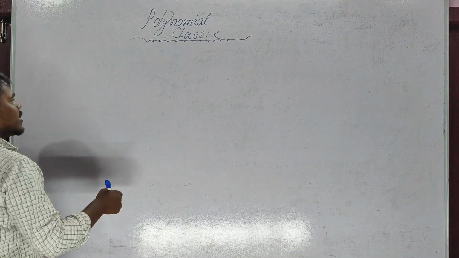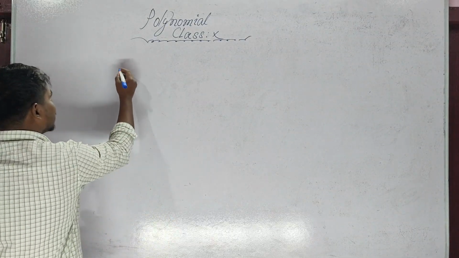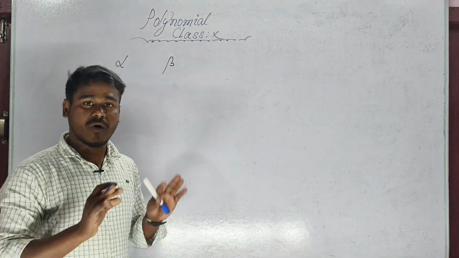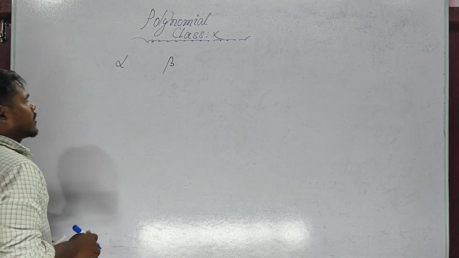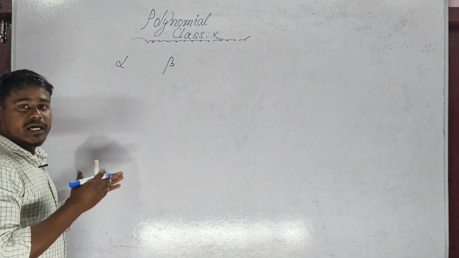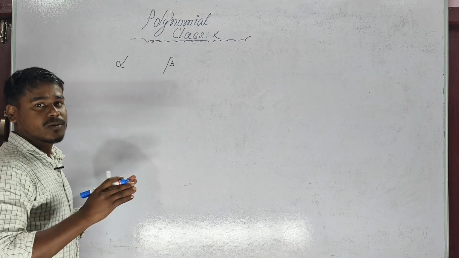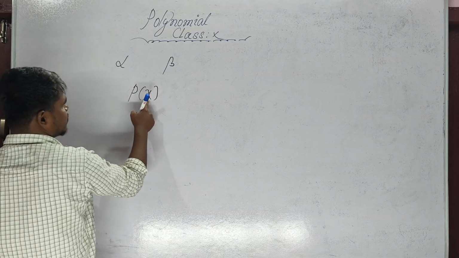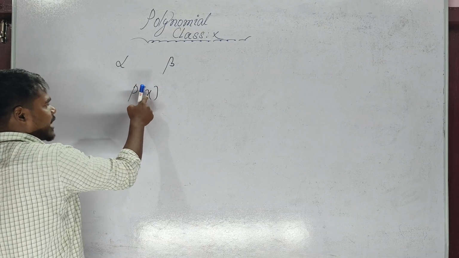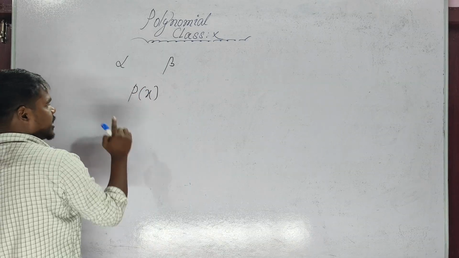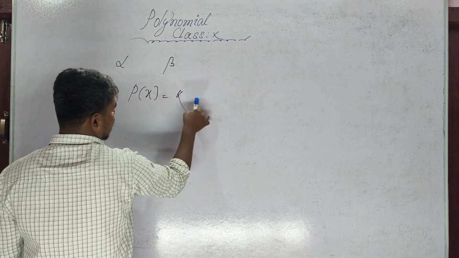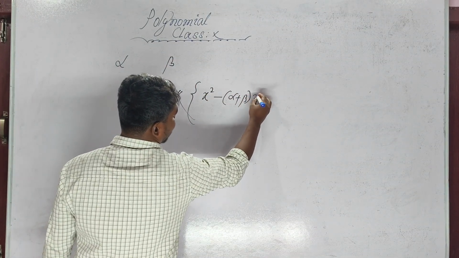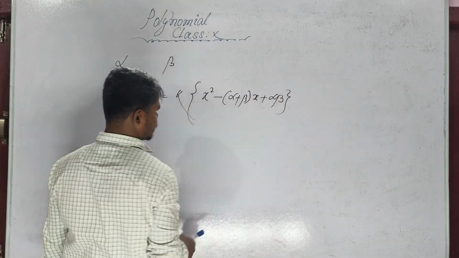Yes. So my dear students, stay tuned with me. If alpha and beta zeros are given, then what is the quadratic polynomial? By using this formula, we can easily calculate the new quadratic polynomial. Right? Now, the formula would be like p of x. p of x means polynomial in x variable, in short denoted by p of x, equal to k into x square minus alpha plus beta into x plus alpha into beta.